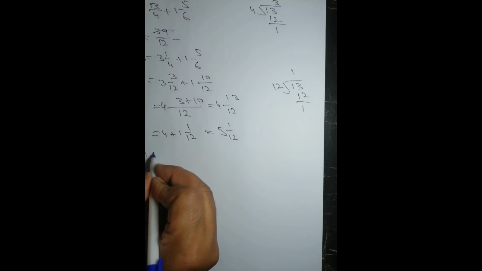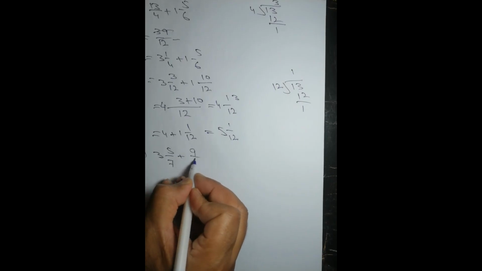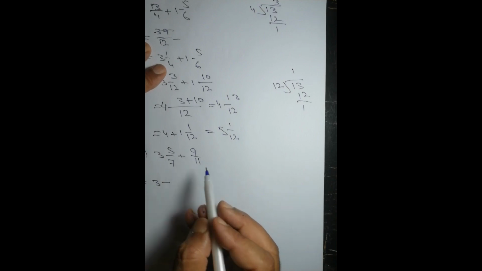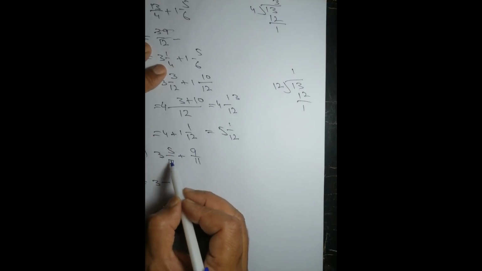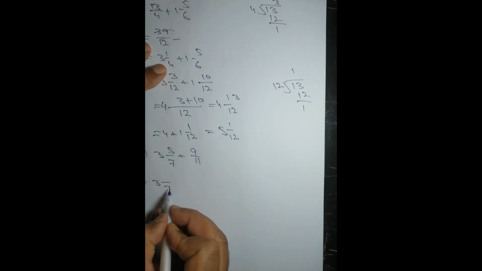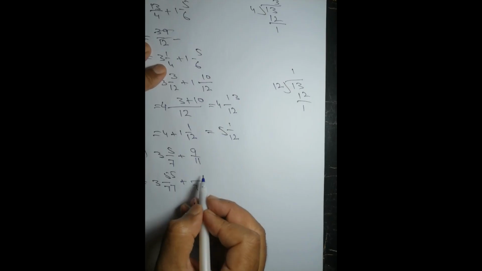Now part H is 3 whole 5 by 7 plus 9 by 11. What will be the LCM of 7 and 11? To make the denominator the same, we have to multiply this fraction by 11 and this by 7. So multiply by 11, 77, and 55, plus multiply by 7, 77, 63. So this will be equal to 3 whole and 77.